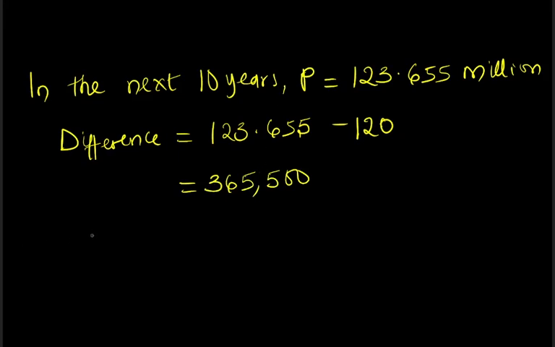Since the value is positive, we are going to say that therefore the population is increasing, or it is growing. However, if the value was negative, we would have said that the population is decreasing. So that therefore the population is growing.